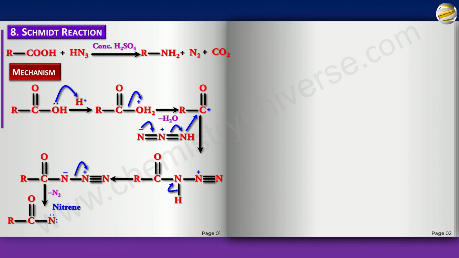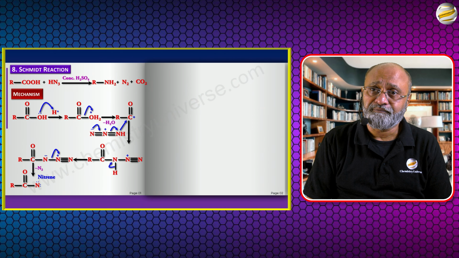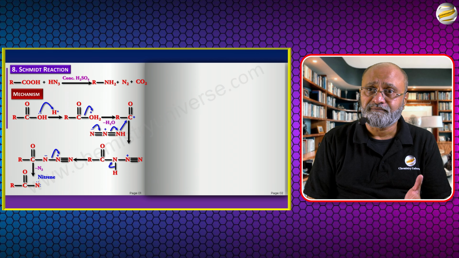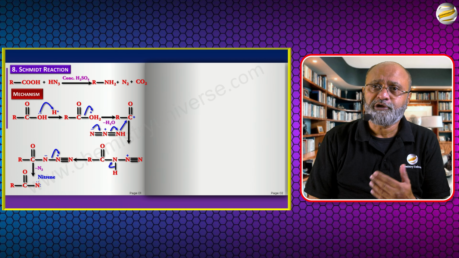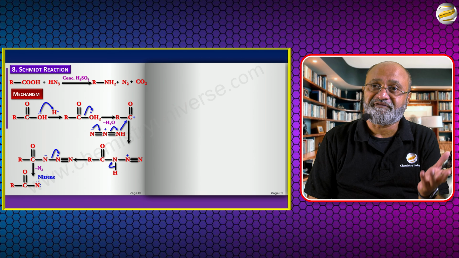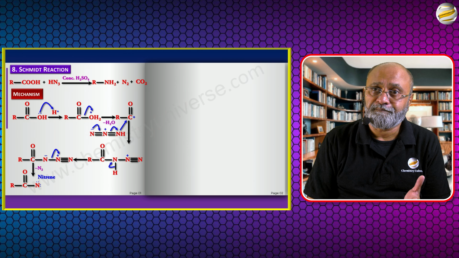This is similar to a carbene. This is called a nitrene. Whenever you get a nitrene in any reaction, the only way to get a nitrene is to have an acidic H on nitrogen and also have a leaving group. In this case, the leaving group was N2. It could be any other leaving group, and depending upon what that leaving group is, there would be a specific reaction name attached to it.